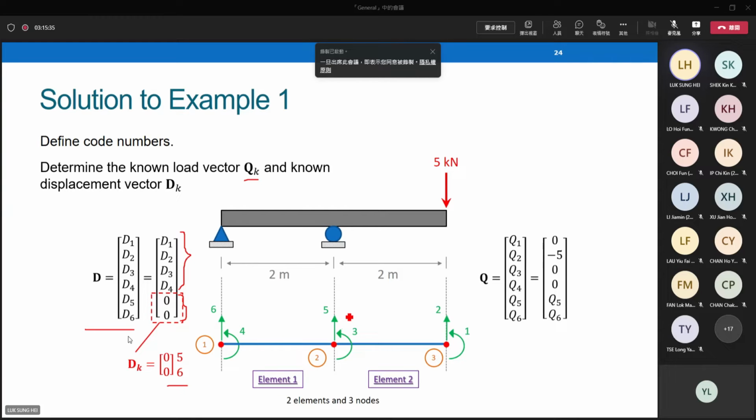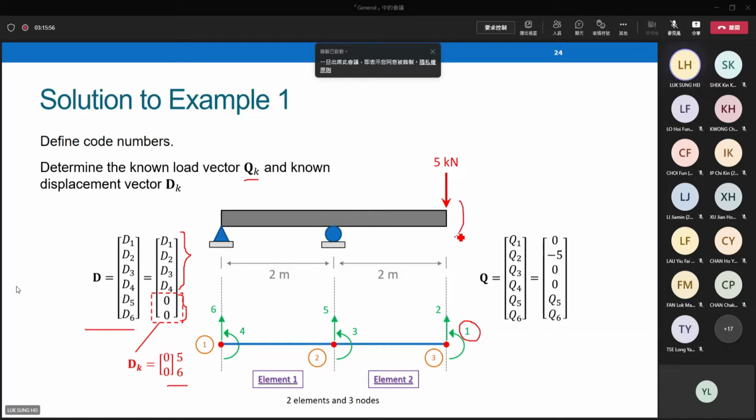Firstly, put down the whole displacement vector and the whole force vector, Q1 up to Q6, and then fill in the blanks, substitute the known values into this vector, and keep the unknowns as symbols. Here, Q1 means the force or moment about direction 1.